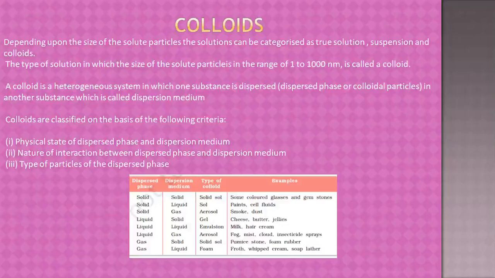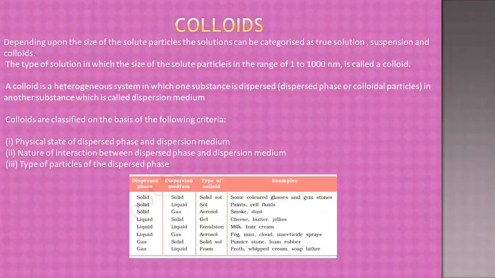In a true solution, the size of the solute particle is less than 10 raised to the power of minus 9 meters. Whereas in suspension, it is more than 10 raised to the power of minus 6 meter. But in a colloidal solution, the size of the particle is between 1 to 1000 nanometer and it can pass through filter paper, but cannot pass through an animal or vegetable membrane.